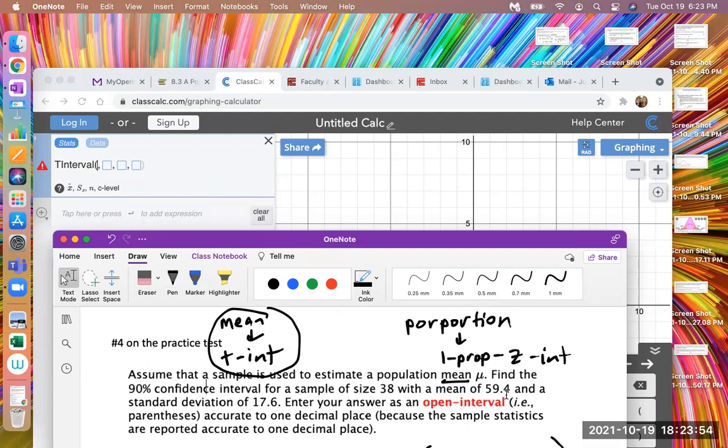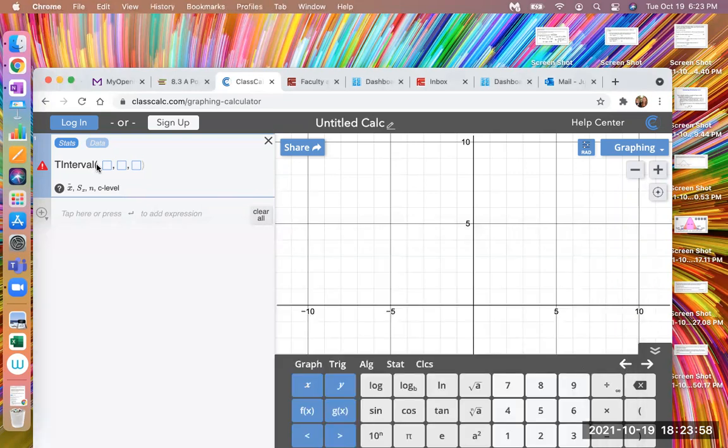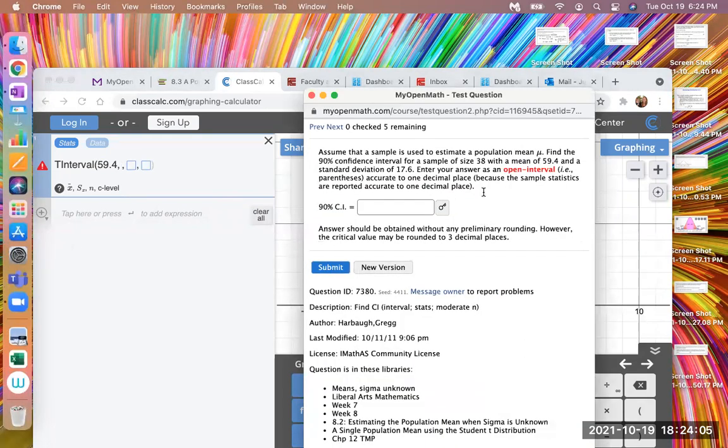So 59.4. Let's make sure. Then the standard deviation is 17.6.